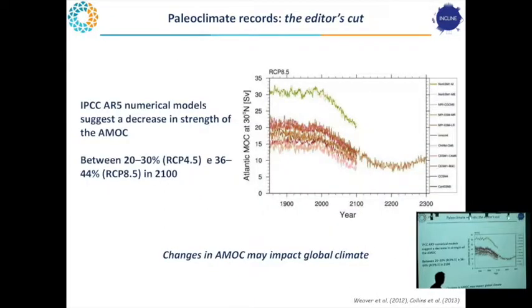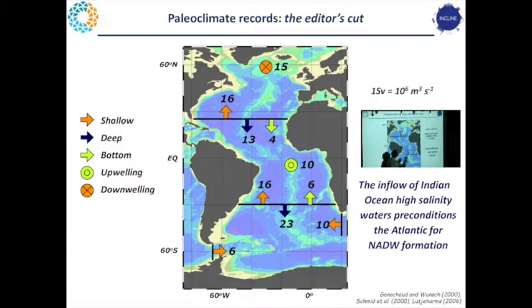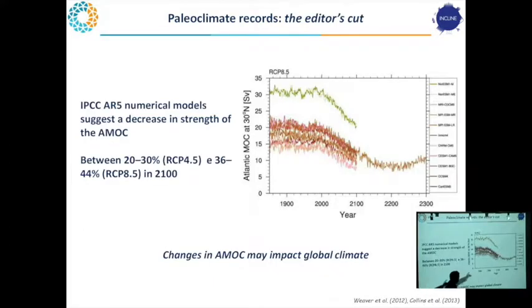So what if this circulation weakens in the future, and what if it had weakened in the past? We have to put this huge amount of energy somewhere in the climate system. IPCC class AR5 models suggest a significant decrease in the strength of the Atlantic meridional overturning circulation by the end of the century.